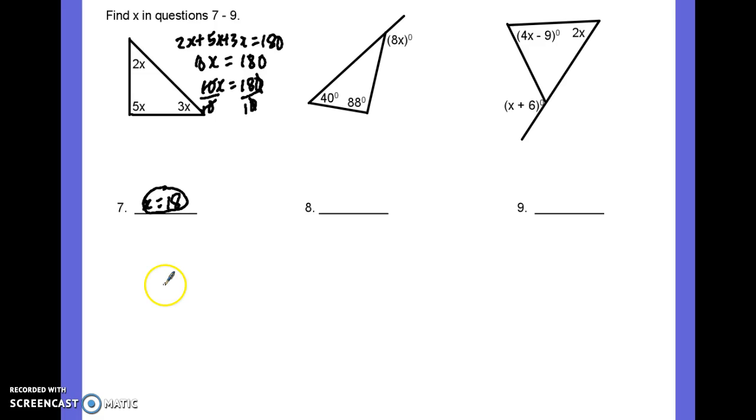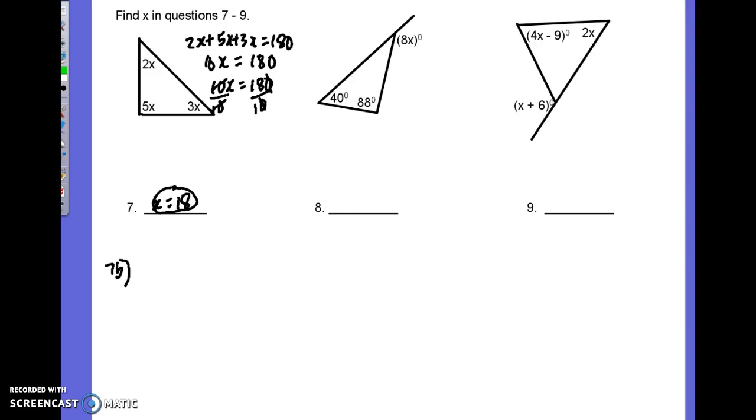All right? As a follow-up to that, I'd like us to do this one. Let's take this one as 7b. Let's say we've got a triangle that looks something like this.